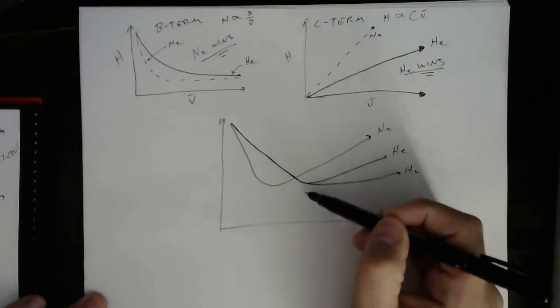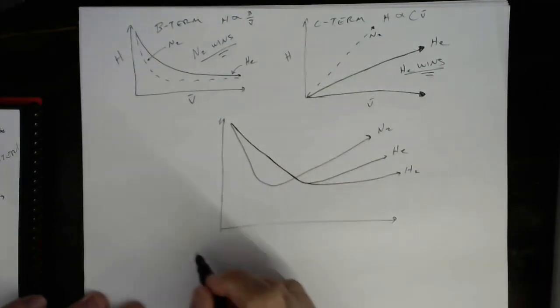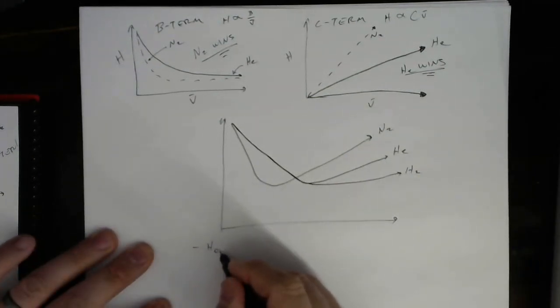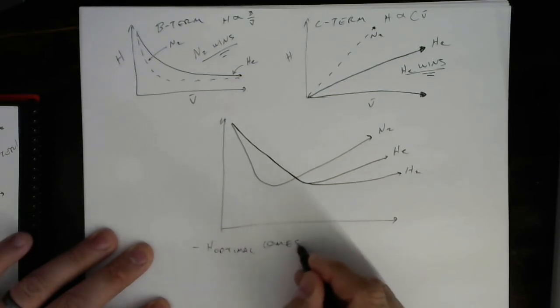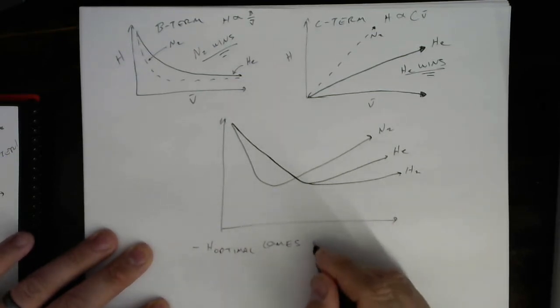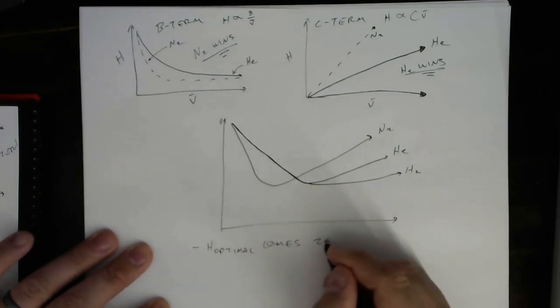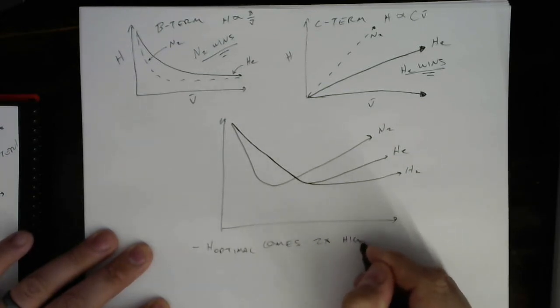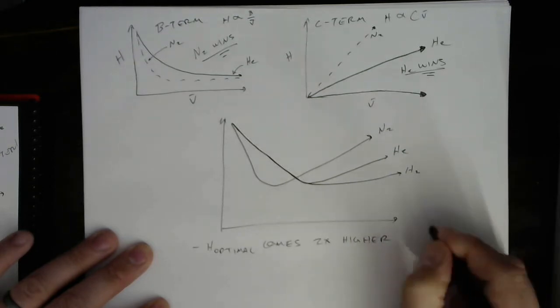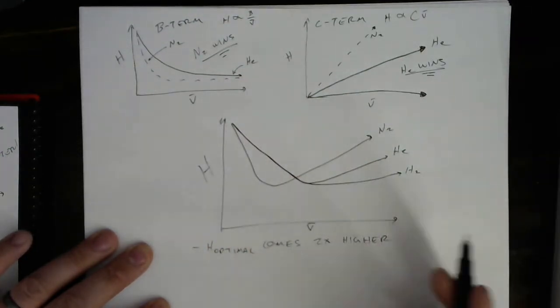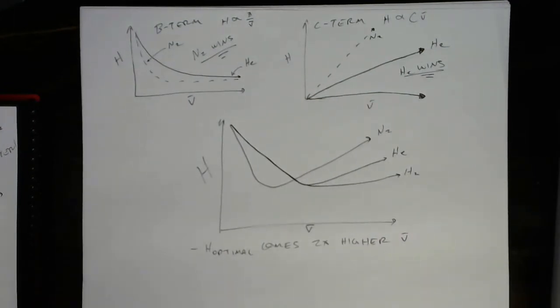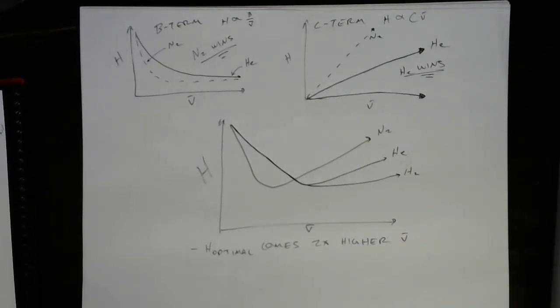But the trick here is that you hit that optimal H, so H optimal, comes, we'll say, on the order of like 2 times higher. Sorry, we haven't labeled these axes. That's V, that's H, 2 times higher of our average flow rate.